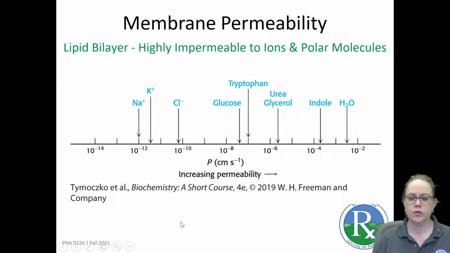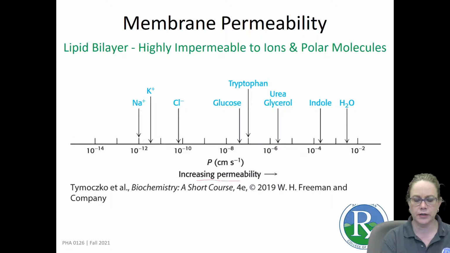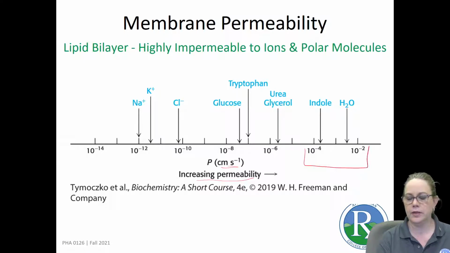If we take a look at permeability for different small molecules, this is permeability in centimeters per second. Things at the right end, where we have high values, would have high permeability.